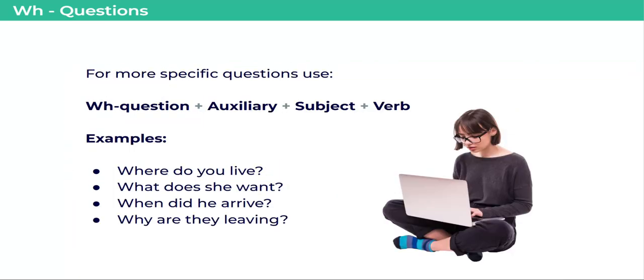For more specific questions, we use the WH question word with our auxiliary, then our subject, and then the verb. For example, where do you live? What does she want? When did he arrive?